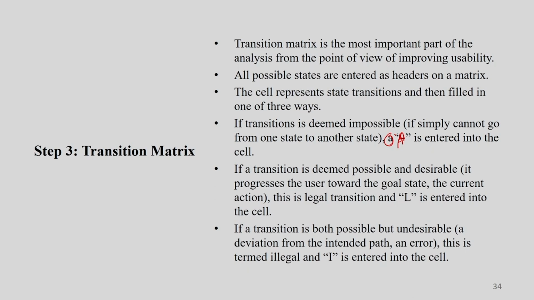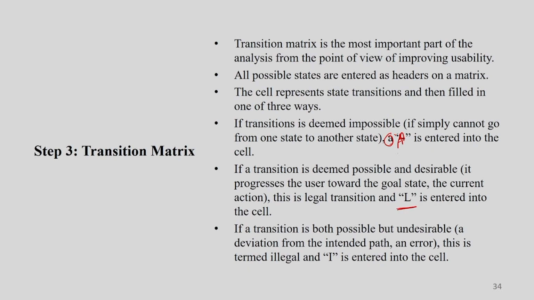If the transition is deemed possible and desirable, and this is a legal transition, then we term this as L, and if it is possible but undesirable, okay, one is just impossible, this particular transition is not really possible, then it is A, whereas if it is possible and legal, it is desirable, then it is L.